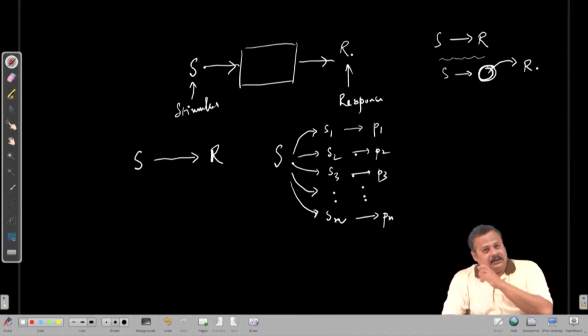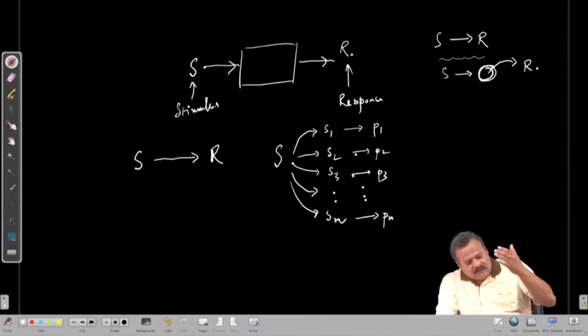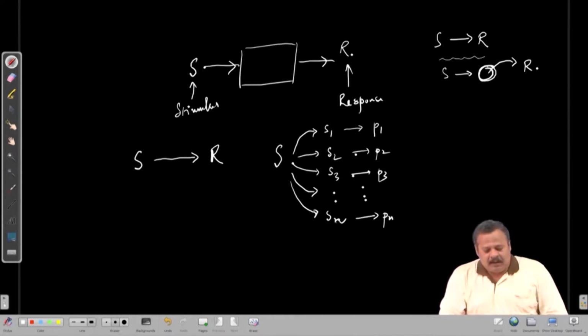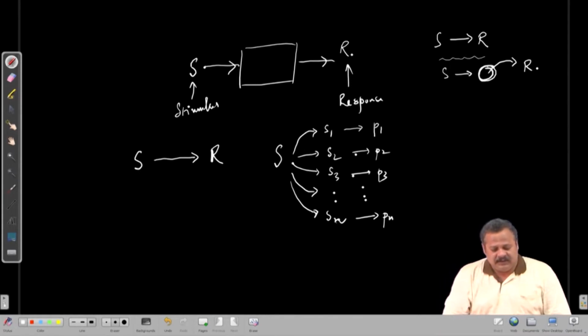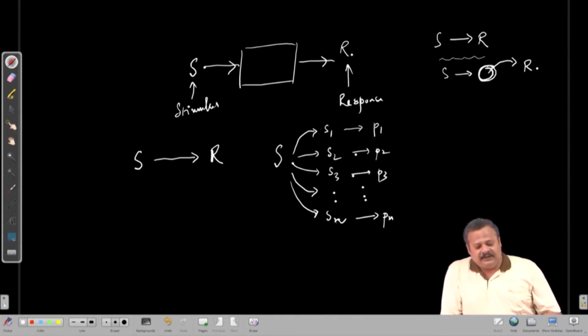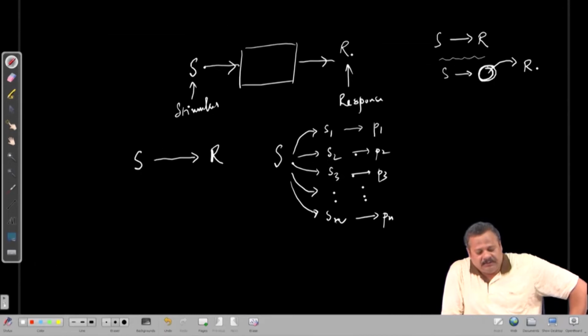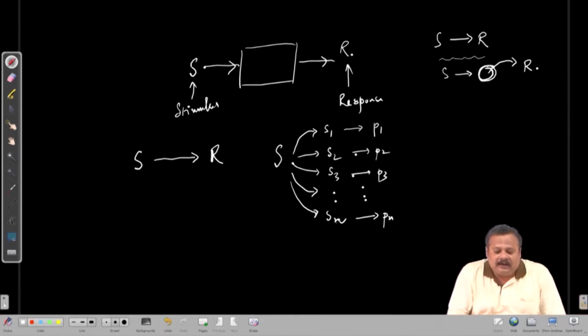This is assuming that the stimulus is a set of discrete elements, that is, the stimulus can be one of these discrete stimuli S1 to Sn, and each has a probability of occurrence P1 to Pn. This can be defined by the experimenter, in the sense that we are interested in understanding only a set of stimuli.